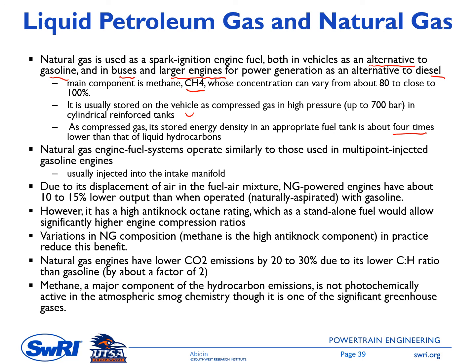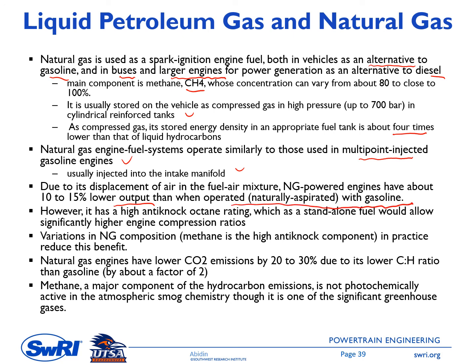Natural gas engine fuel system operates similarly to those used in multi-point injected gasoline engines. So natural gas is usually injected in the intake manifold. And then due to its displacement of air in the fuel-air mixture, natural gas powered engines have about 10 to 15% lower output than when operated with gasoline.